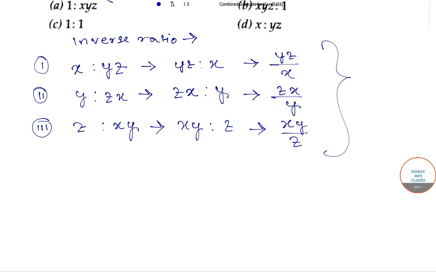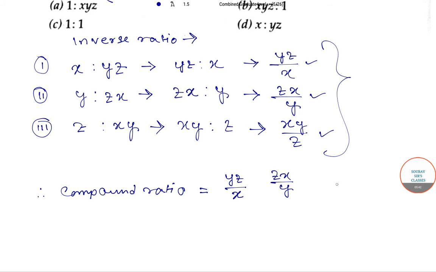Now we have to find the compound ratio. So the compound ratio is here: the first one is YZ by X, the second one is ZX by Y, the third one is XY by Z, and we just have to multiply these to get the compound ratio.